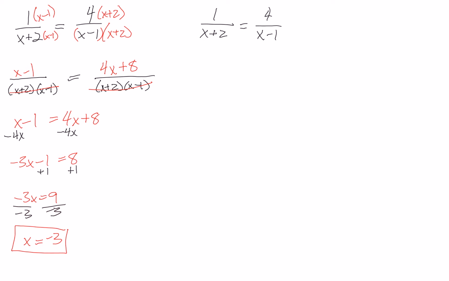So you'd have 4 times x plus 2 equal to 1 times x minus 1. And you can see when we multiply those out, 4x plus 8 equals x minus 1. We get the exact same equation that we just solved.